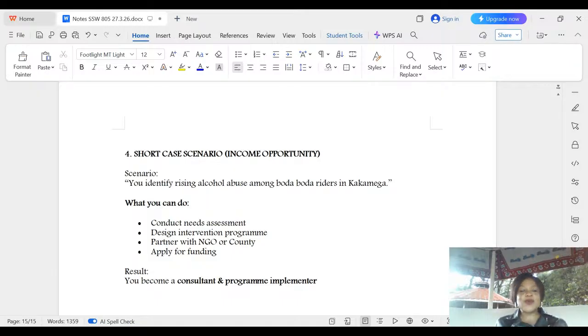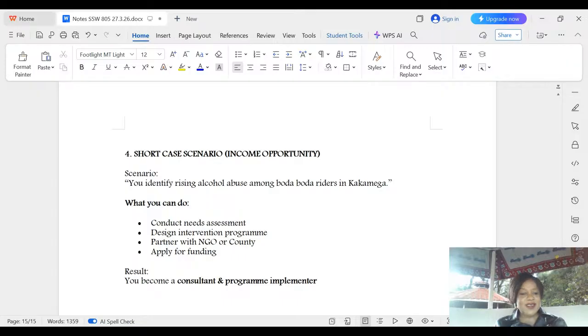Okay, in other words, what I'm posing is there are so many mental health issues in society. So you can identify one or several, and already begin to think of how to apply intervention. And that can open up doors for self-employment or for stakeholder collaboration with an NGO or a similar organization.